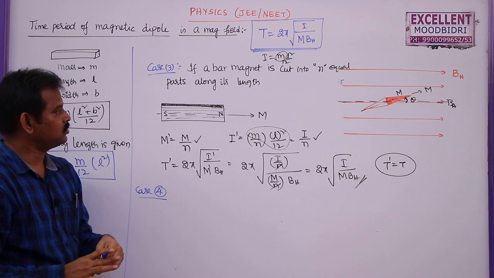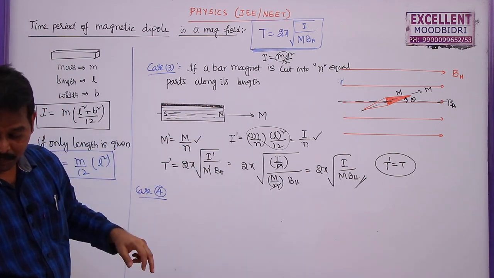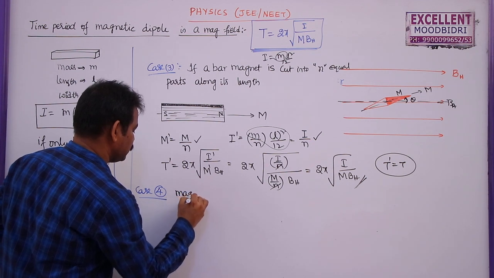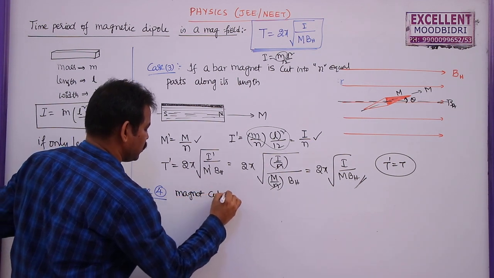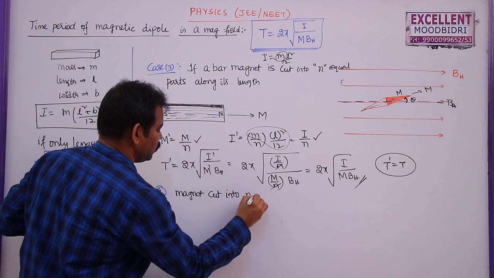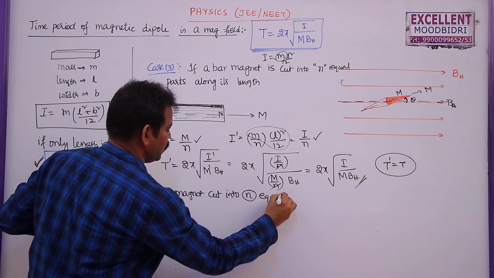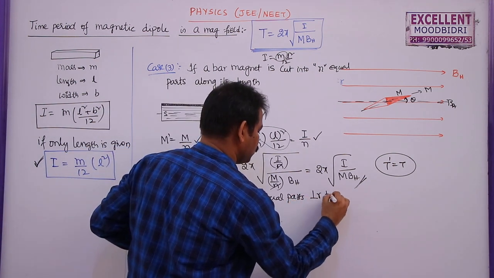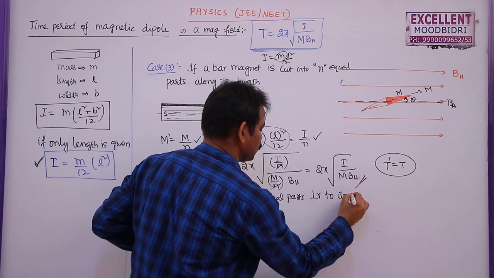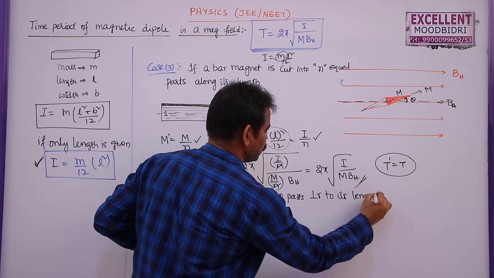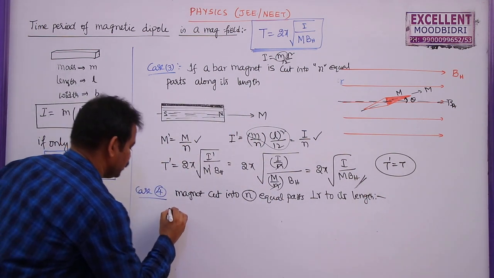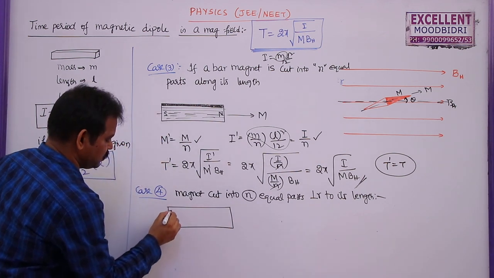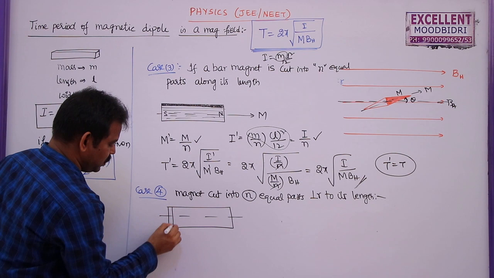If the same bar magnet is cut into n equal parts perpendicular to its length, then, let me take a bar magnet of magnetic moment m, and it is cut perpendicular to its length like this.